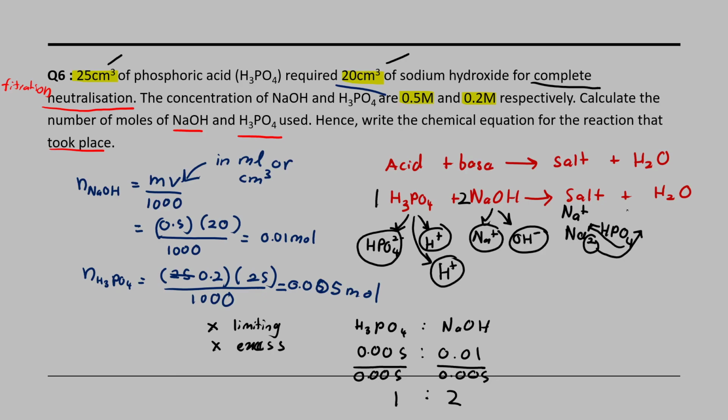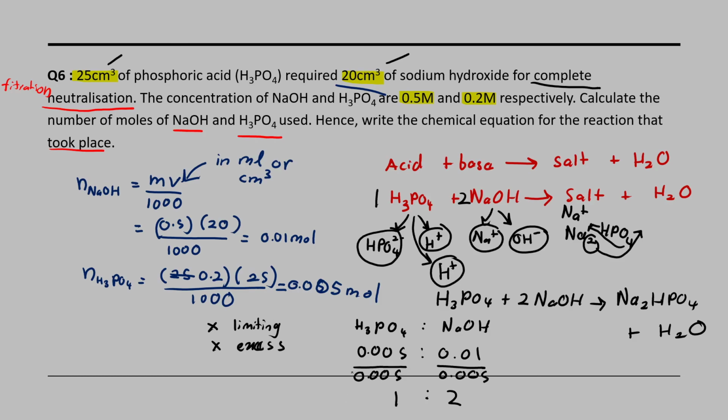So the final equation is 1, so no need to write 1, H3PO4 plus 2NaOH gives Na2HPO4 plus H2O. But remember, it has to be a balanced equation.